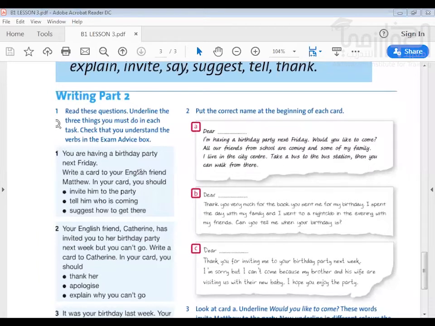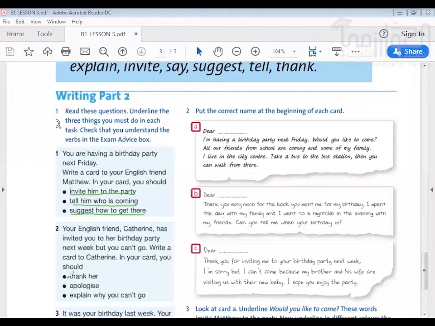Write a card to your English friend, Matthew. In your card, you should invite him to the party, tell him who is coming, suggest how to get there. So the 3 things are the bulleted points that you see. So these are the 3 things. You underline them. These are what they want you to do. The 3 things should be in your letter. You write a letter, the 3 things must be in it.